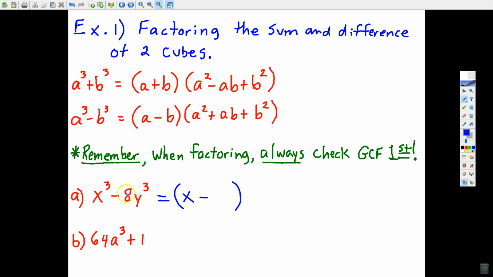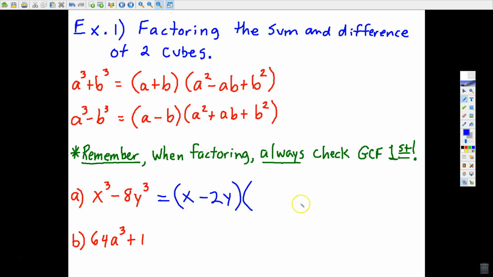I have to do the cube root of both of these. The cube root of 8 is 2, and the cube root of y cubed is y. So what I've done so far is the equivalent of this part of the pattern. I've done the a minus b. The rest of the factoring is based on those two terms. This tells you exactly how to get the rest of the factoring.